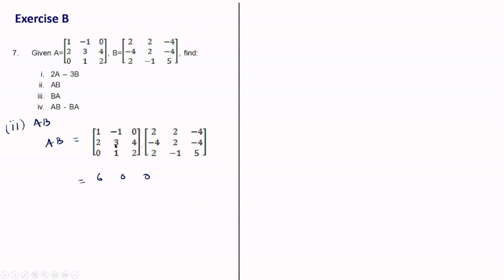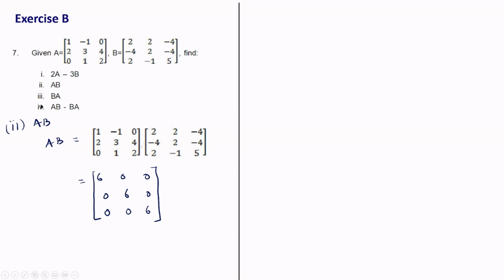Then 4 minus 12 plus 8, 0. It is 4 plus 6 minus 4, which is 6. Then minus 4 minus 12 plus 20, so it is 0. Next it is 0 minus 4 plus 4, again 0. Next we have 0 plus 2 minus 2, which is again 0. And next 0 minus 4 plus 10, so 10 minus 4 is 6. So this is matrix AB.